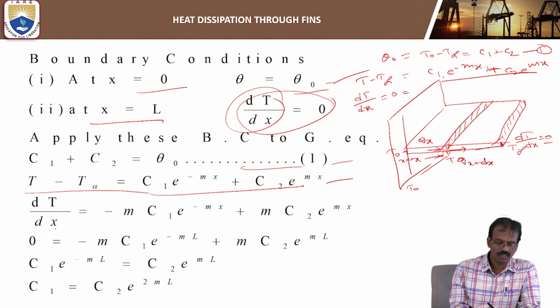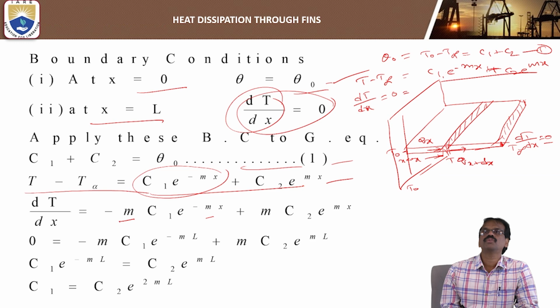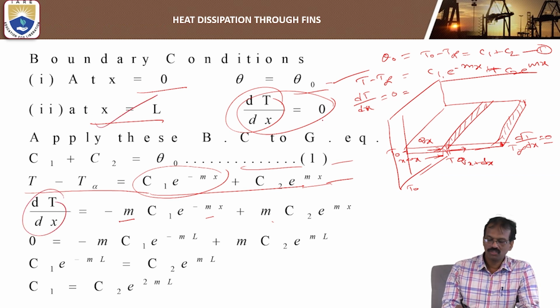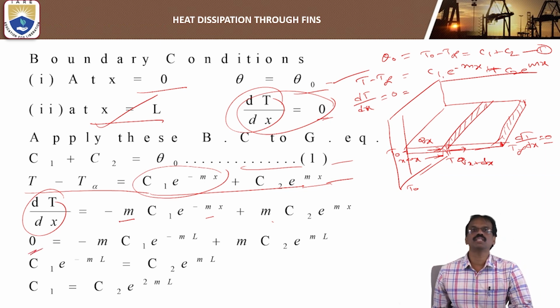The derivative of e to the power of minus mx means minus m into C1 e to the power of minus mx, and the derivative of e to the power of mx means m into C2 e to the power of mx. Okay. So according to the second boundary condition, dT by dx is equal to 0. You can write 0 in the place of dT by dx.